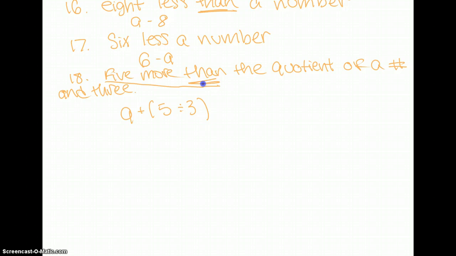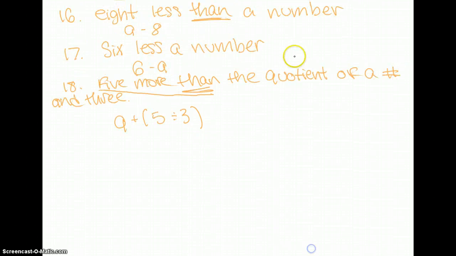The quotient means divide. A number and 3. So I just made the 5 and the a switch places, excuse me. But the 3 is going to stay the same.